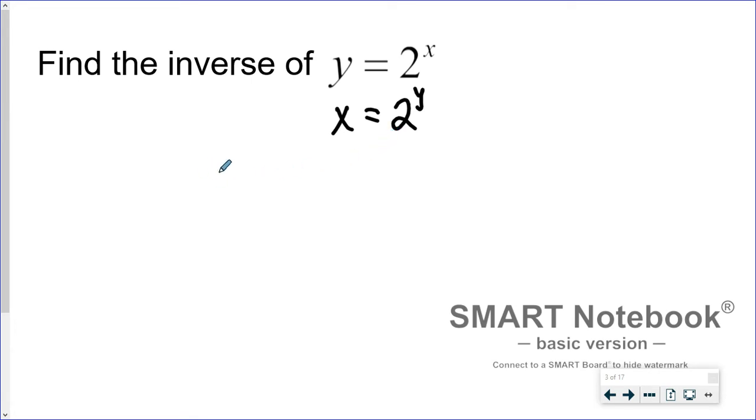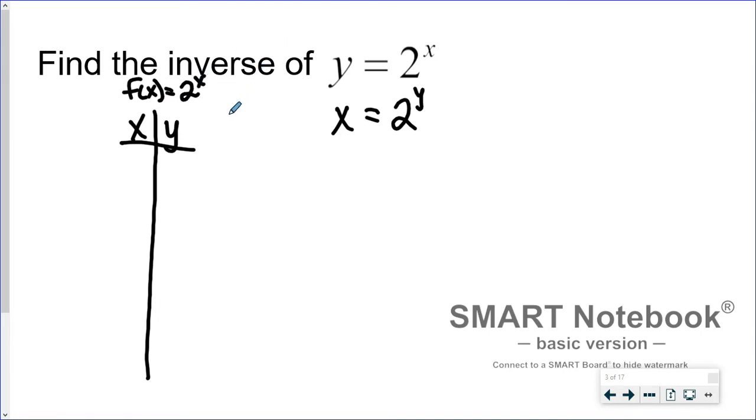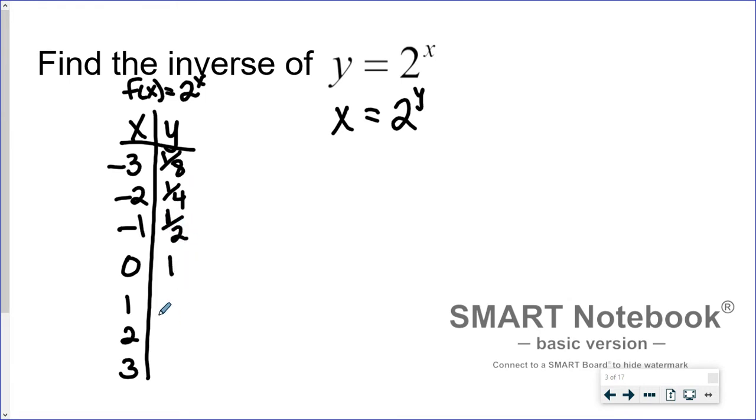So another way that we talked about finding inverses, right, is if we have a set of points, we can switch the x's and the y's. So if this is 2 to the x, which we actually did yesterday, so we can use these same points, right? And here we will get 1/8, 1/4, 1/2, 1, 2, 4, 8.